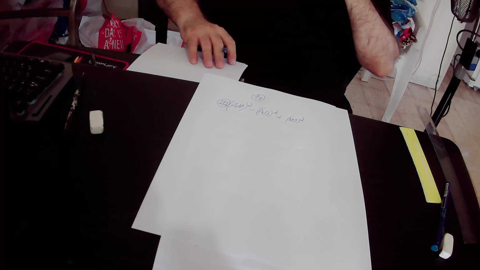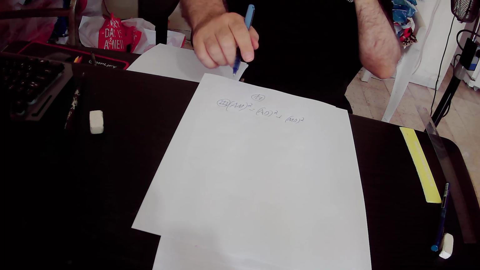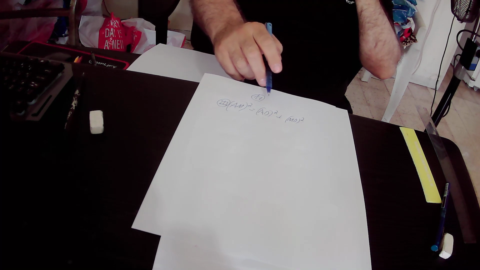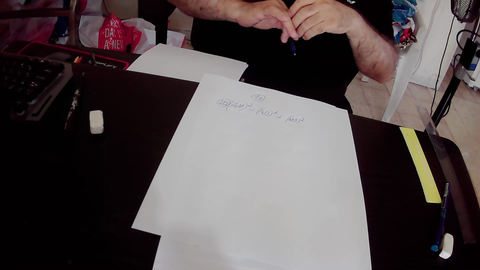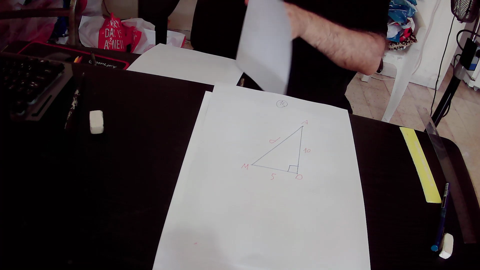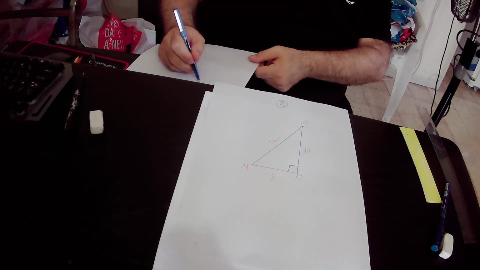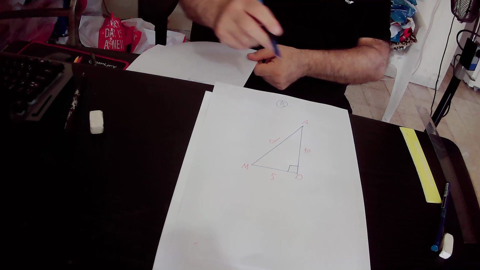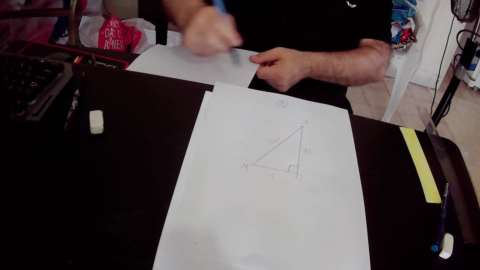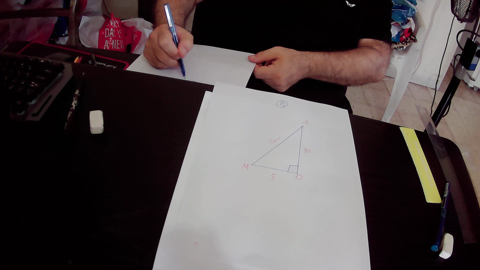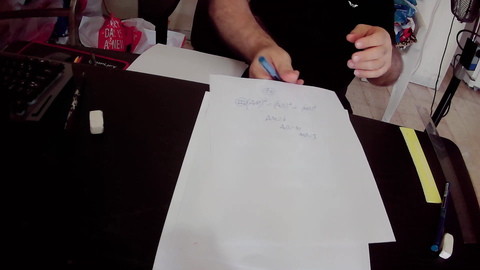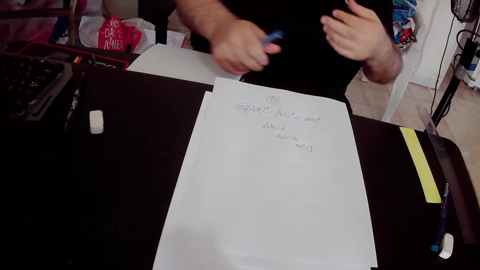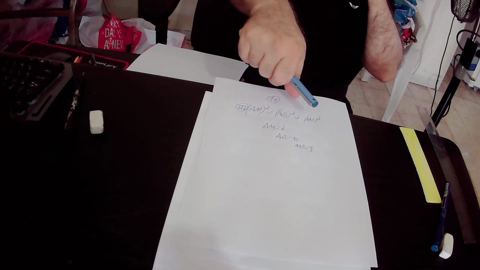So AM squared, the square of the hypotenuse, equals the sum of the squares of the perpendiculars, equals AD squared plus MD squared. But we know that AM equals d, AD equals 10 units, and MD equals 5 units.